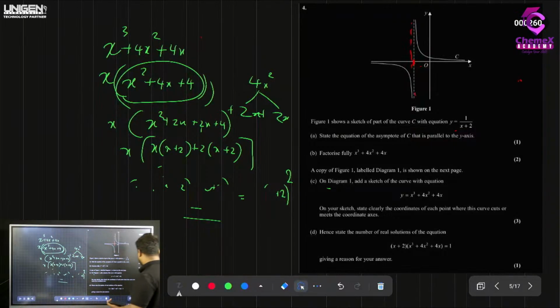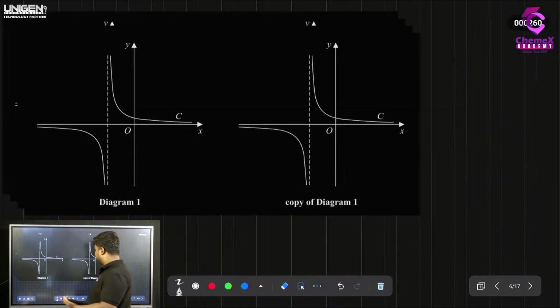Okay, so they are asking to sketch this. How do you sketch it on this diagram? So it's y equals x to the power 3 plus 4x squared plus 4x, right?